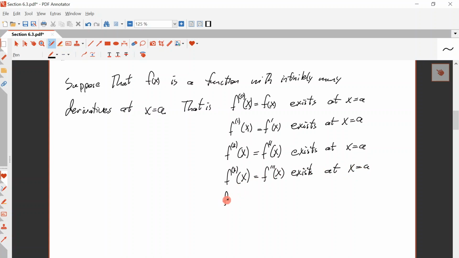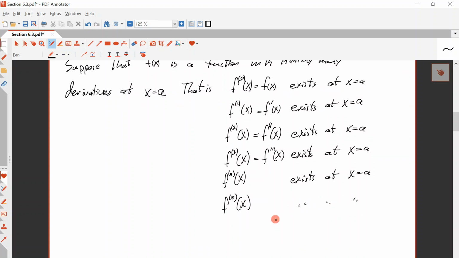So on and so forth. Fourth derivative, but of course we don't keep doing these little hash marks up here. They all exist at x equal to a, all of them, right? Fifth derivative, sixth derivative, seventh derivative, they all exist, okay? So suppose that's the case.